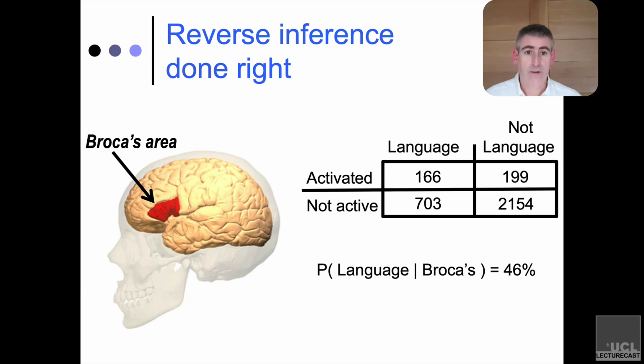And he then counted all the ones that showed activation in Broca's area versus all the ones that didn't. And he put it in a little table like you can see here on the screen. With that information that comes from this unbiased sample of the existing literature, these 3,000 studies, you can then use that Bayes equation to figure out what the probability is that somebody's engaged in a language task given that there's activation in Broca's area.